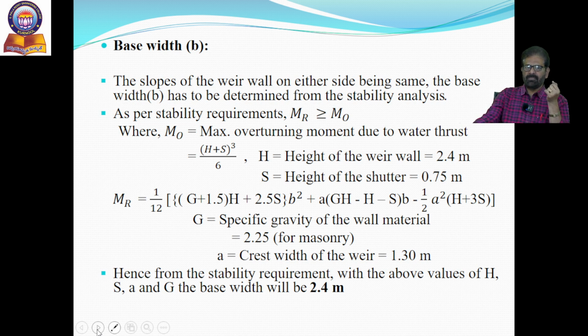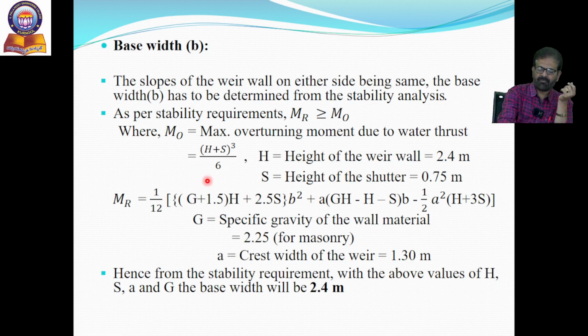Another simple formula to be used for calculating the overturning moment is capital H plus S whole cube divided by 6, in which H is again the same height of the weir wall, which is 2.4 meters in the present case, and capital S is the height of the shutter, that is again 0.75 meters. By knowing these two values, we can easily calculate the overturning moment by following this formula.